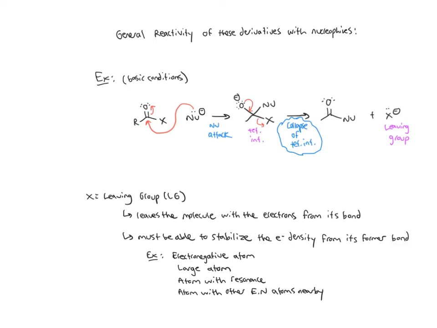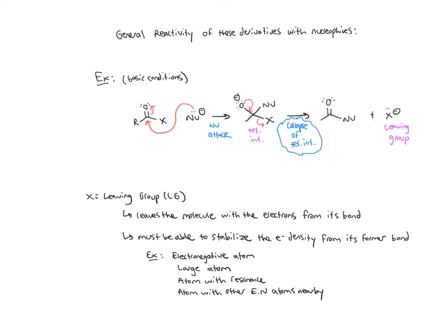So that's why we didn't see this type of thing when we were dealing with aldehydes or ketones, because hydrogens, they're too small to actually stabilize those electrons. Carbons as well, not very electronegative, relatively small, pretty bad at stabilizing electrons. So we don't typically see those groups leaving. But heteroatoms, so atoms that are not carbon or hydrogen, these ones can actually stabilize that negative charge.